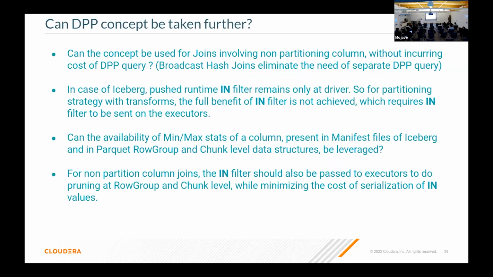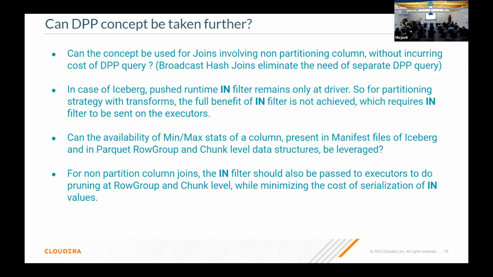One thing to note is that right now this DPP query requires the left side table to have a partitioning column, because if the column is not partitioned, then it cannot directly eliminate directories. First of all, there will be a cost of the DPP query to get the data, and secondly, the pruning might not be effective.